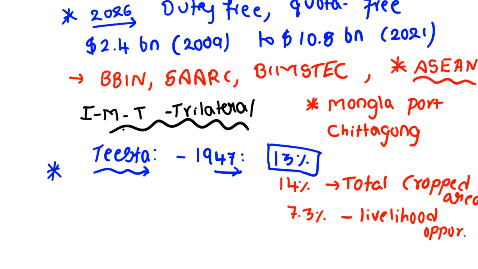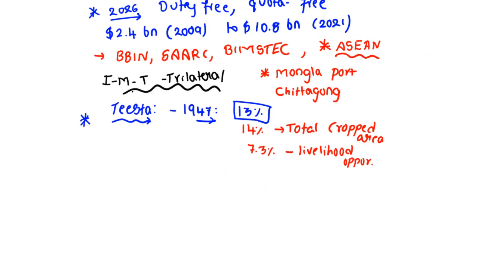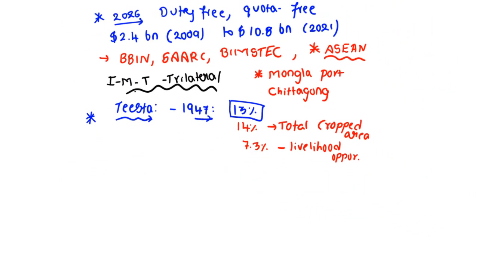For example, in 2015 the present government made the border agreement, that is the 2015 land border agreement, the land swap agreement between India and Bangladesh.